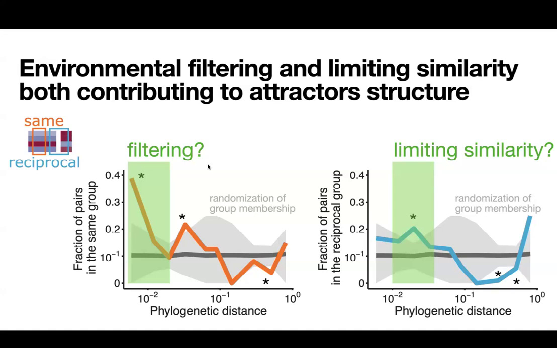But you also have limiting similarity. So you cannot put together too many species that are similar in the same attractors because they exclude each other. And so both of these forces appear at the same time, are shaping the community variation, and they sort of mask each other if we don't look at this fine-grained variation.